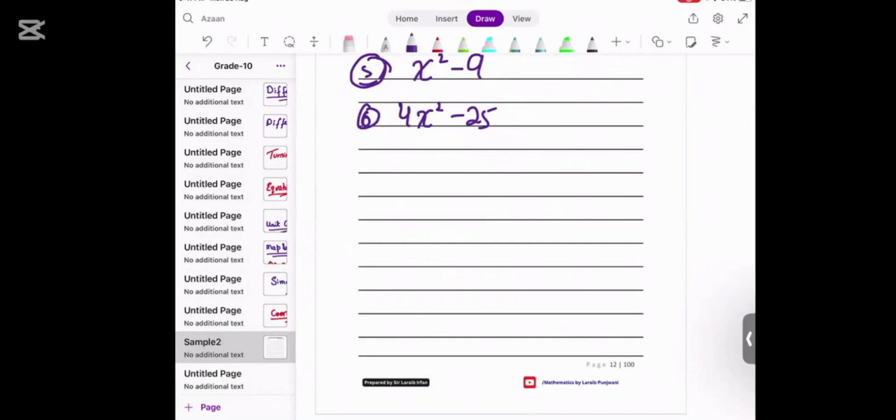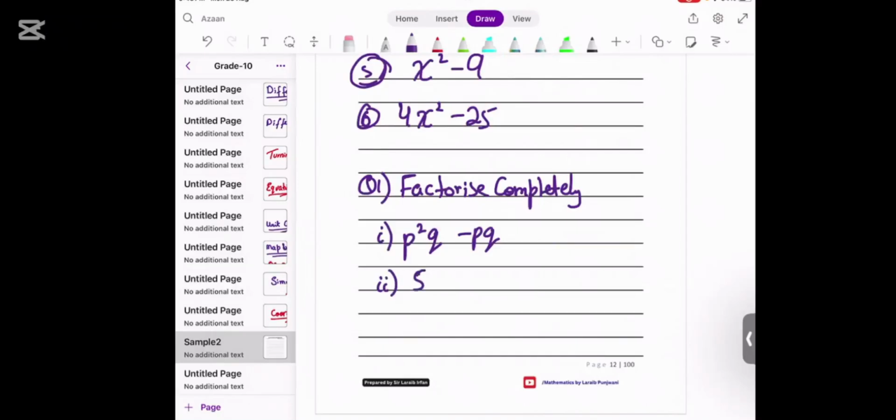For example, the question is: factorize completely p square q minus pq. This is part number 1.